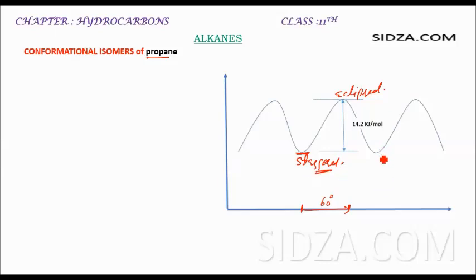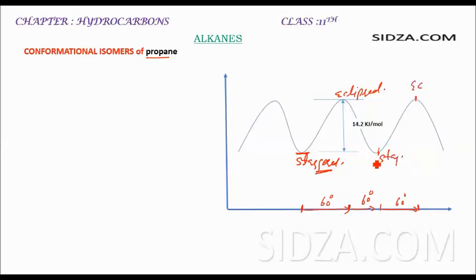And again you give a further 60 degree rotation. What you get? You again get the staggered. You further rotate it by a further 60. So what you get? You get the eclipsed one, right? This is the eclipsed one, this is the staggered one.